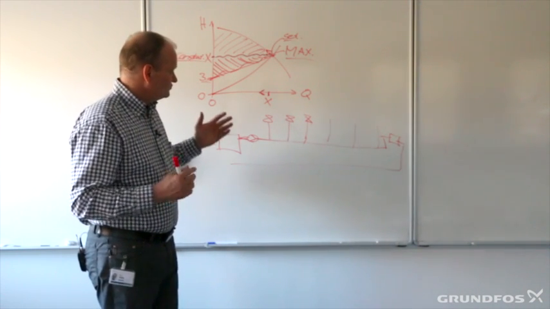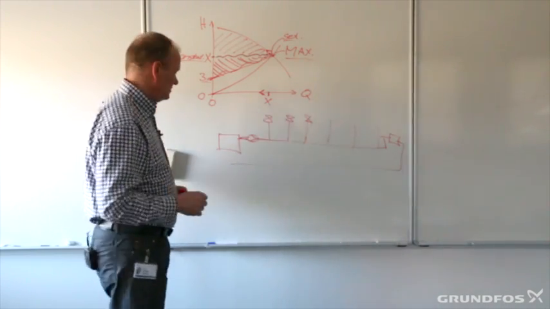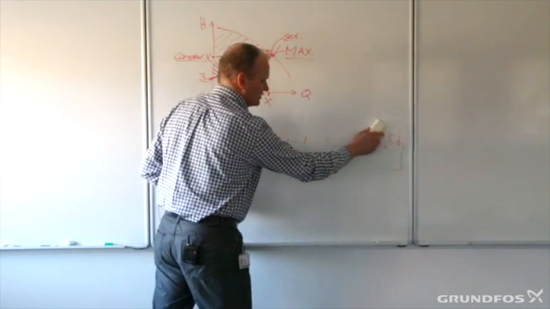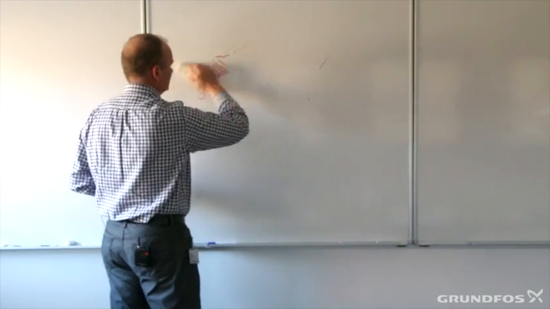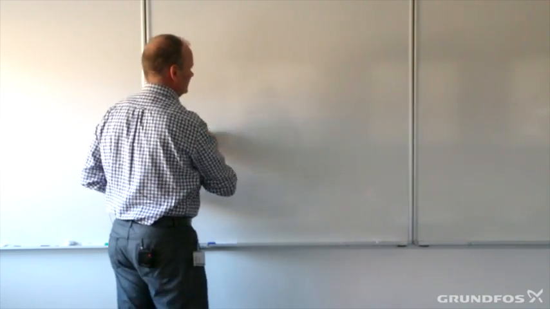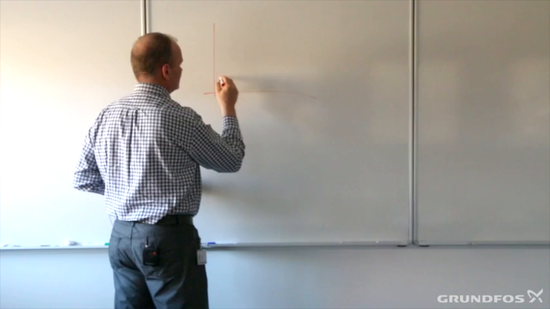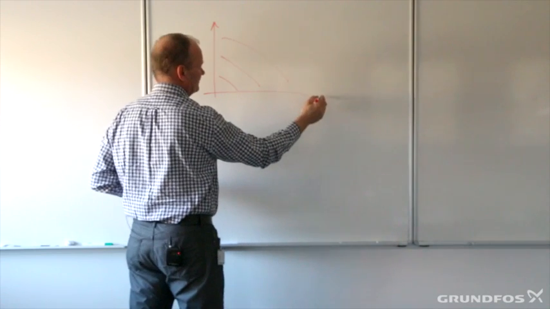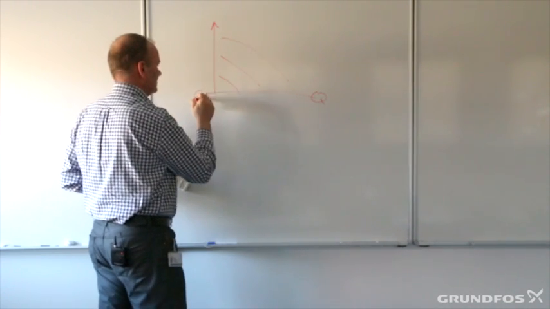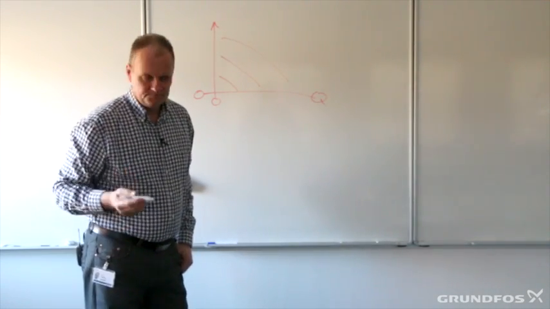So what other possibilities do we have? Well, there's one more control function which I would like to mention, and I think we have to start all over again a little bit, and that is that in some cases we have what we could call a fixed need for flow.